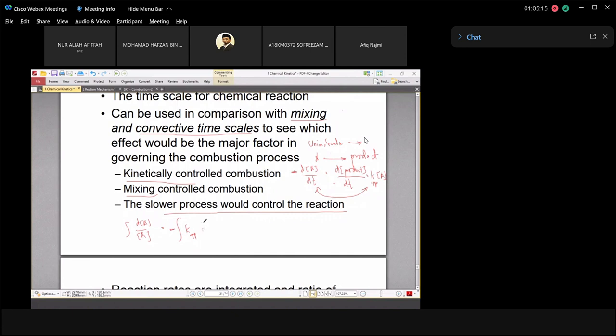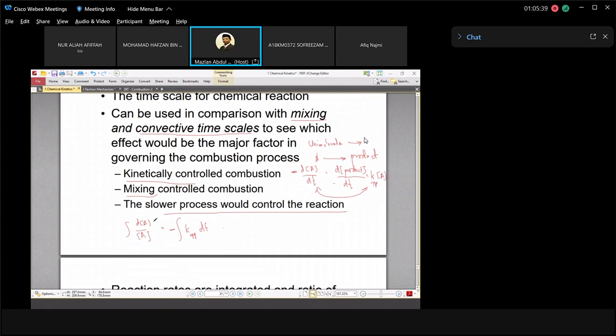dt, you bring the concentration on one side and the time on the other side. So you see here, this is concentration, this is concentration. Bring down and dt, k dt. So you integrate left and right.